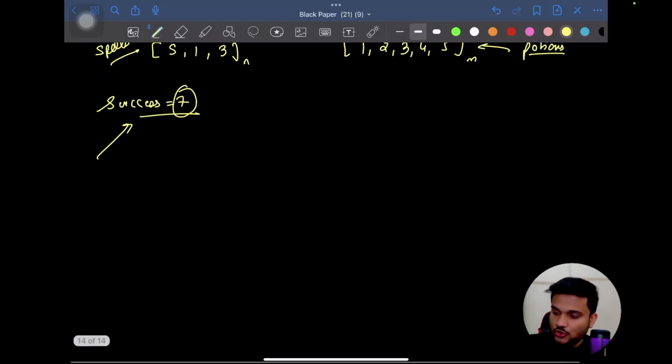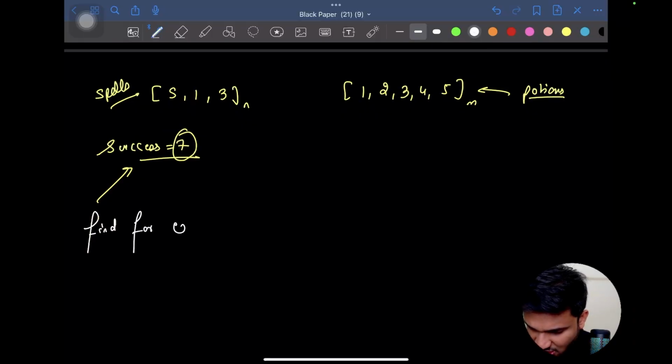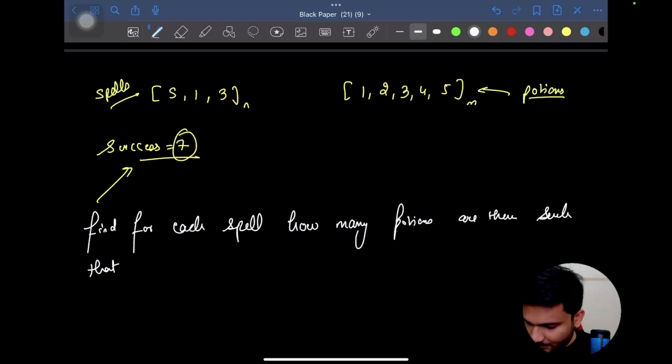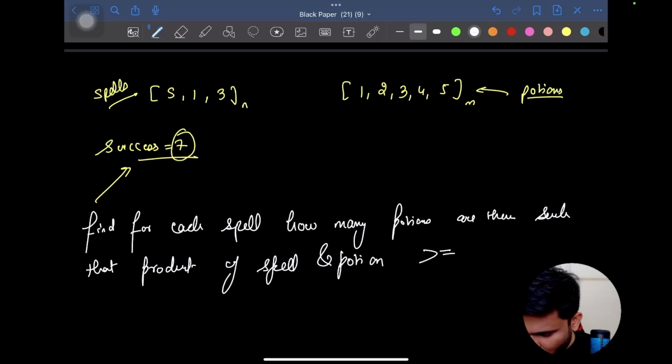You have to find for each spell how many potions are there such that the product of spell and potion is greater than or equal to success. Okay, this is what you have to find.